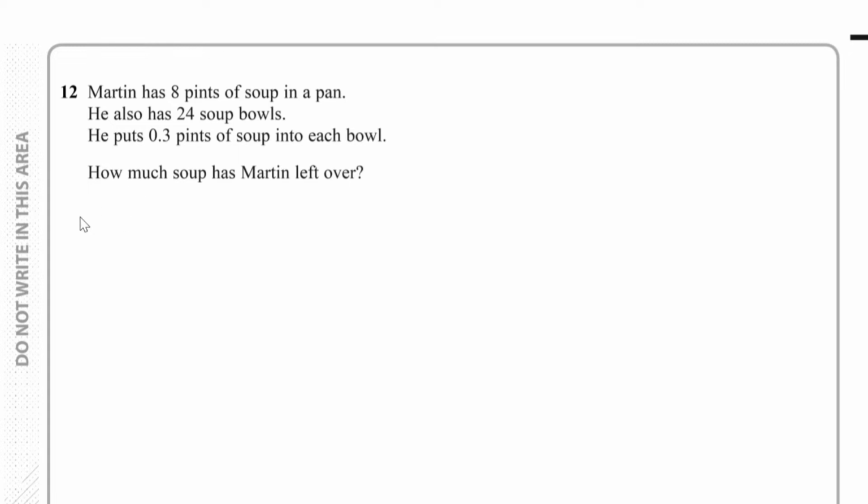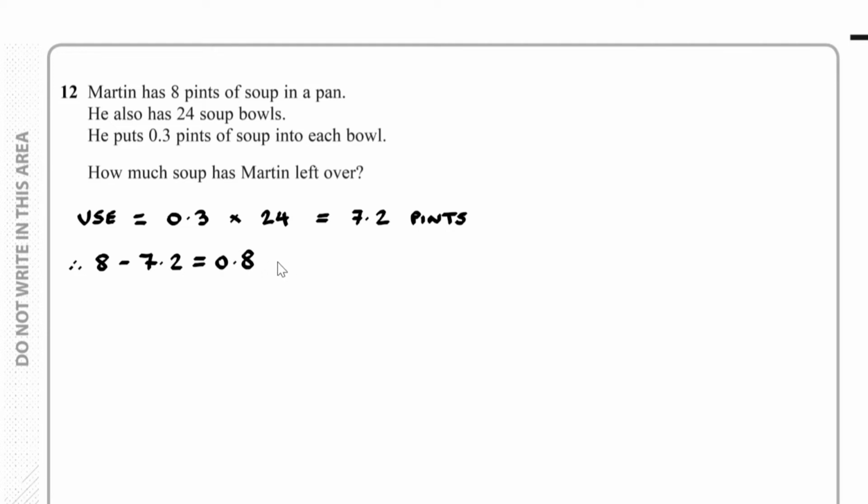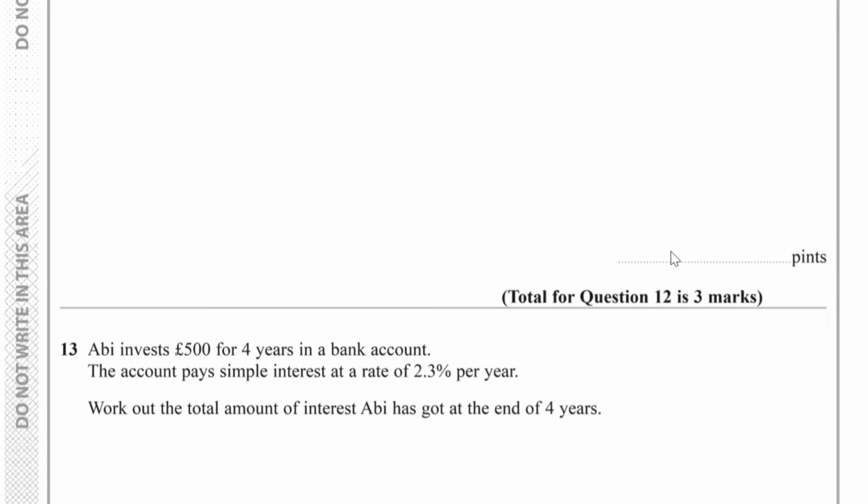So the amount he would use will equal 0.3 multiplied by 24, which is equal to 7.2. So we've got 7.2 pints. And therefore, if I do 8 subtract 7.2, we would get 0.8. So the amount of pints he's got left over is 0.8.